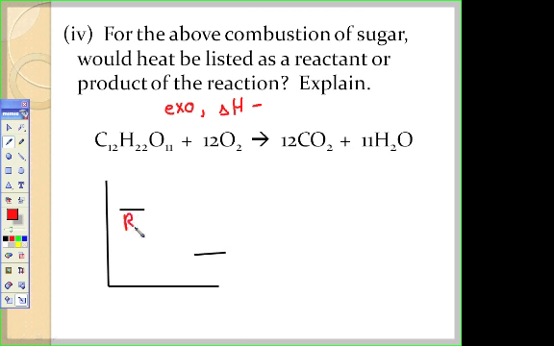So reactants would be higher than products on a potential energy curve. That means that heat would go on the product side, meaning heat is released as a product.